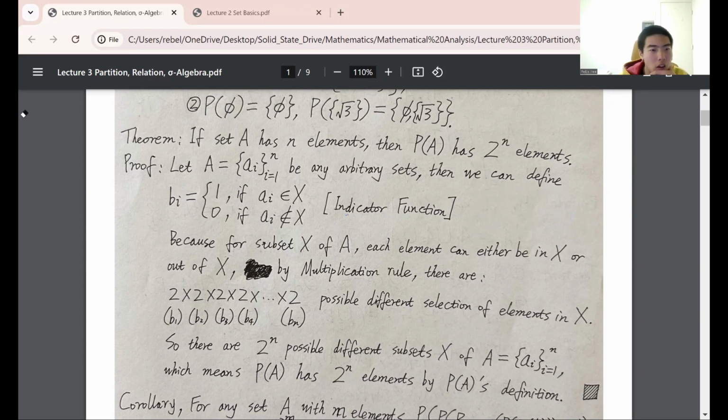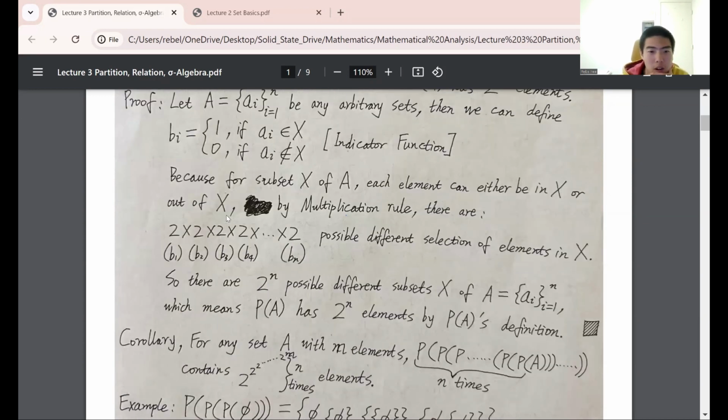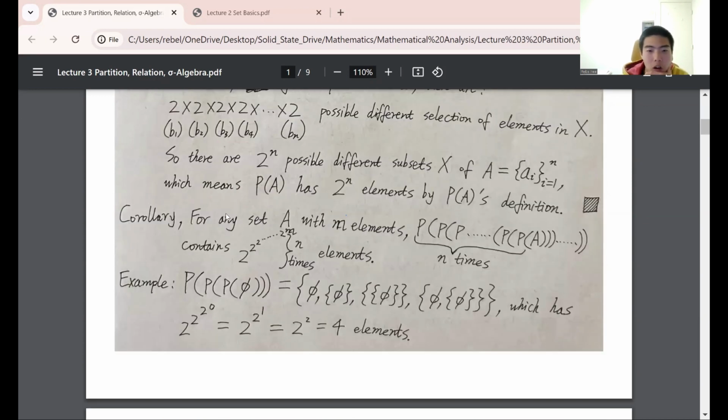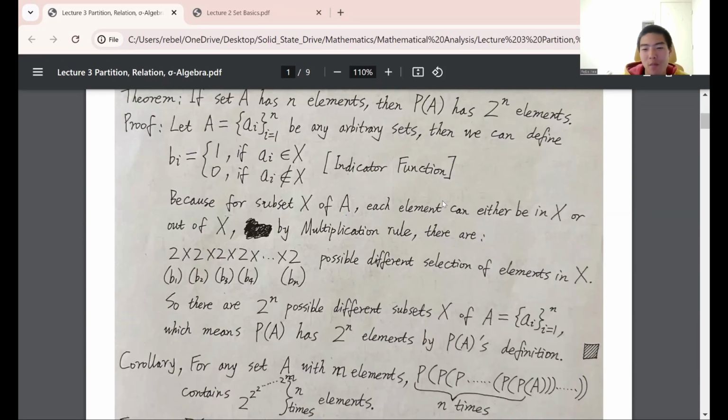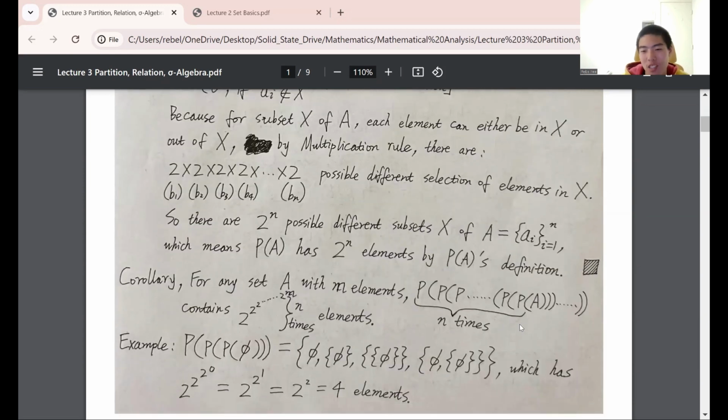All right. We already proved this, and we are moving to a corollary. This is a corollary considered by myself. It's very usual to think about what P of A is, how many elements are in it. But what if we have an infinite sequence of P? Then what will happen?